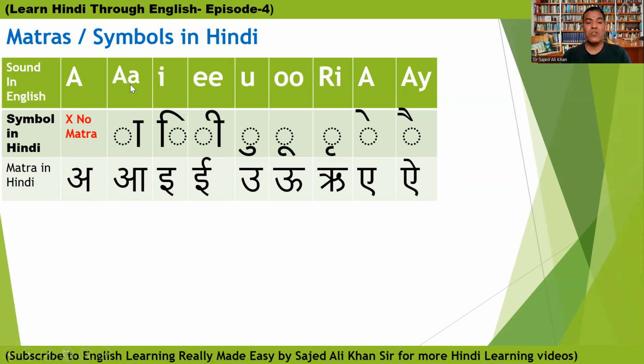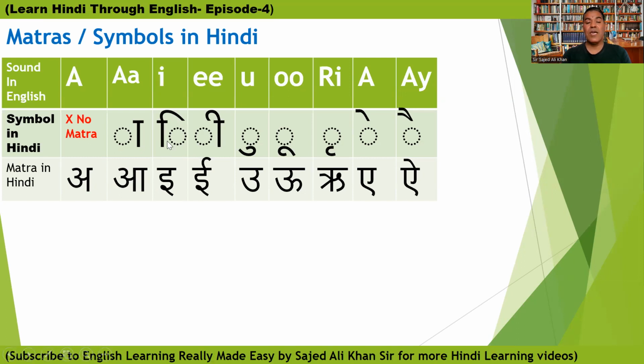But when you are dragging the sound, like a double a, you have this kind of symbol. You can see this symbol, right? So this symbol is added with this, so it becomes aa. Here the sound is a and here the sound is aa.